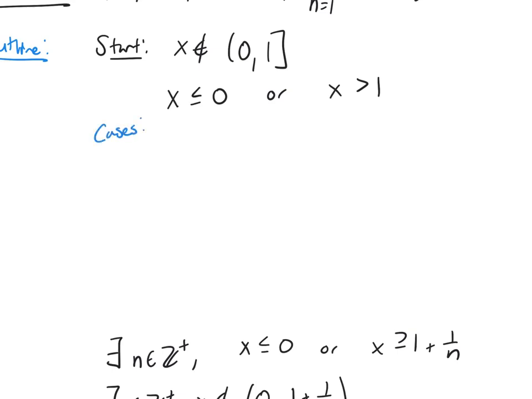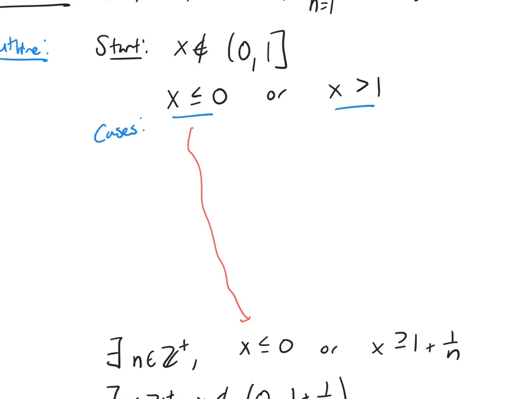In the first case, if x is less than or equal to 0, I got one of the two things I needed to get. I needed x to be less than or equal to 0, or greater than or equal to 1 plus 1 over n. Well, I got that it was less than or equal to 0. So that first case is done.